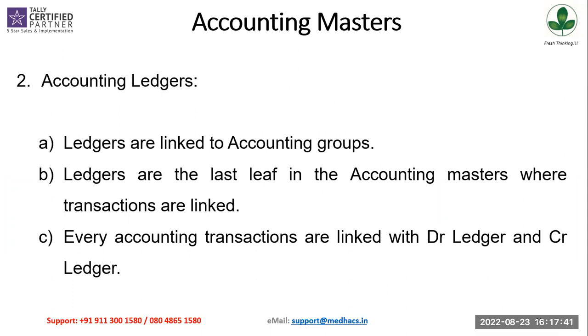Okay, and this is an accounting master. And every transaction is linked with a debit ledger and a credit ledger. So for that, you need to have the ledgers created or available in Tally.